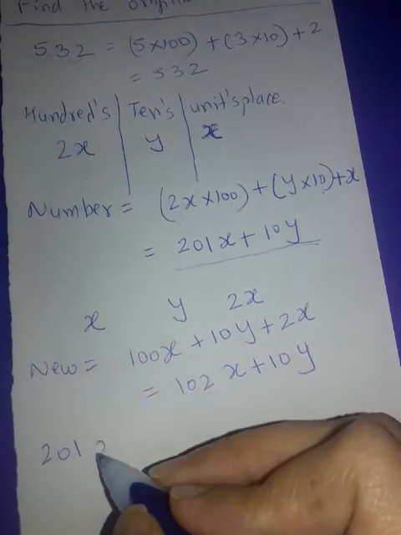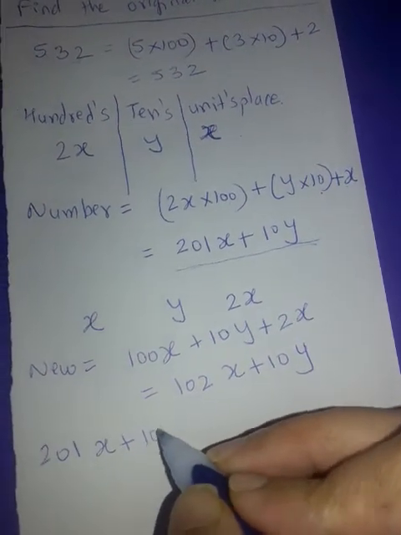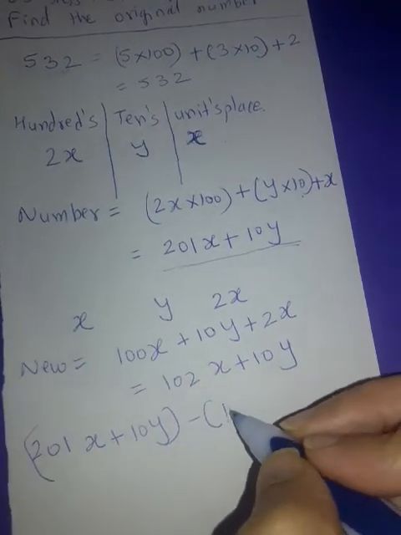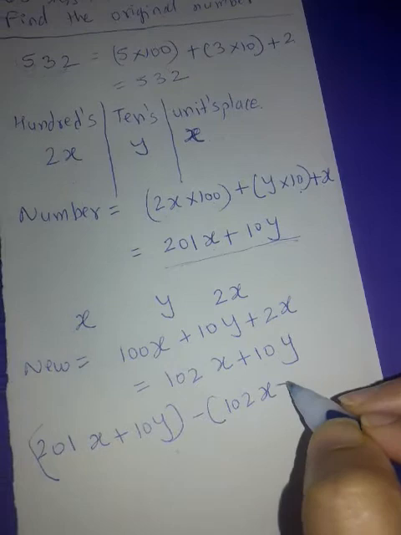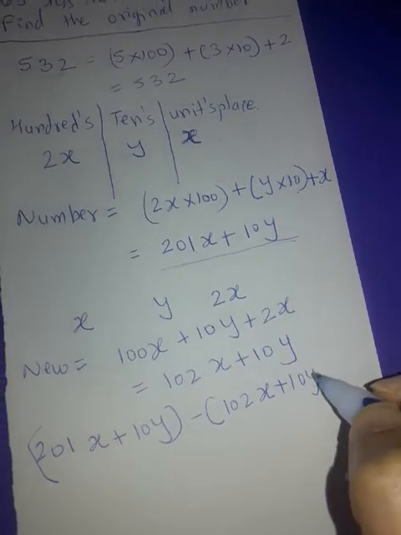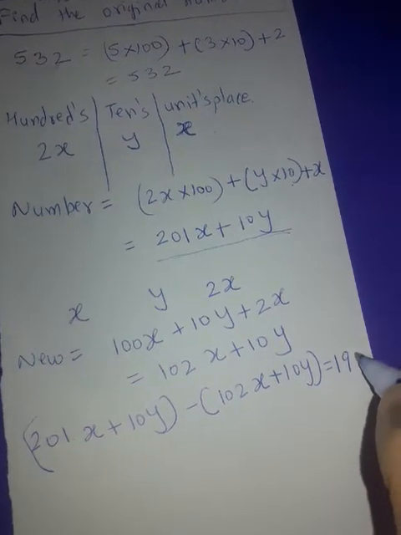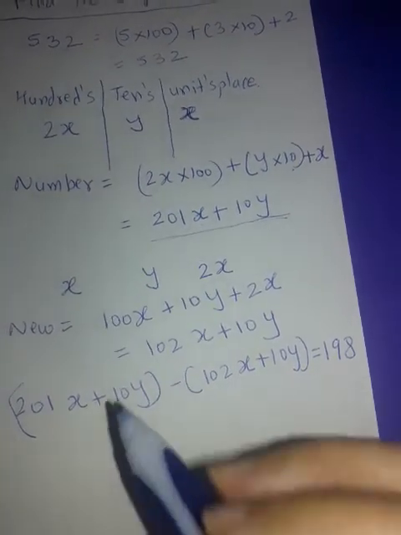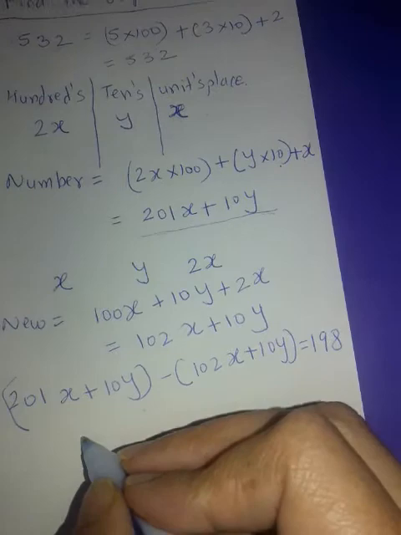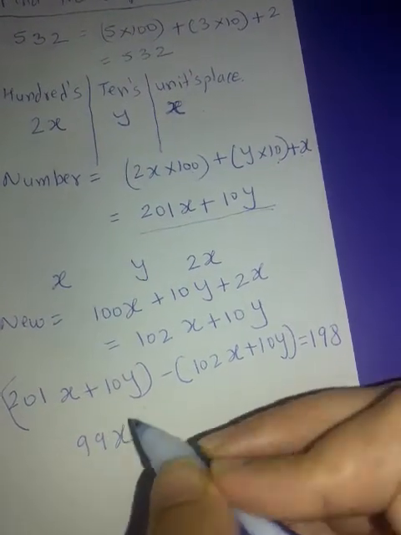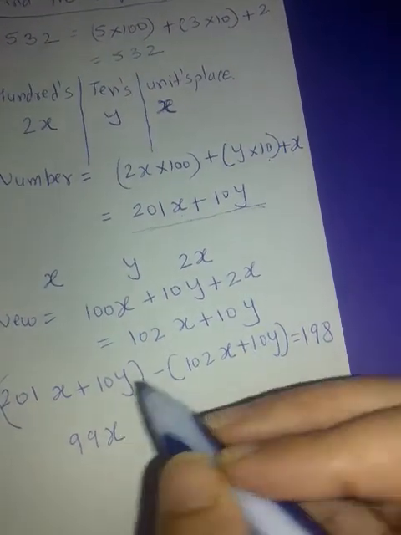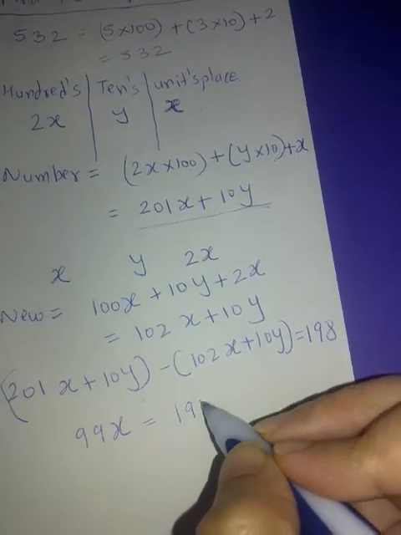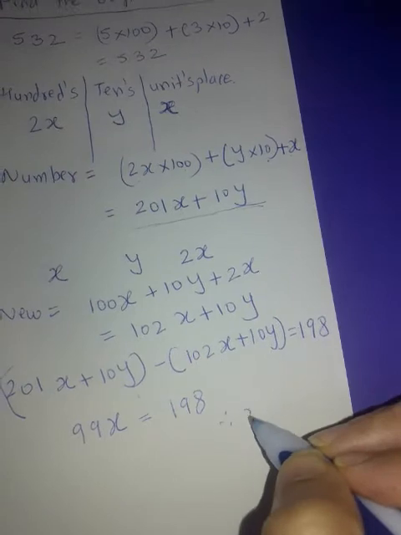So let us form one equation. This is original, this is new, this is 198. Let's solve this. 201 minus 102, this is 99x. 10y minus 10y eliminated is equal to 198. So what is x?